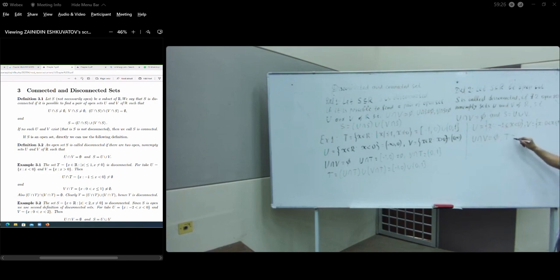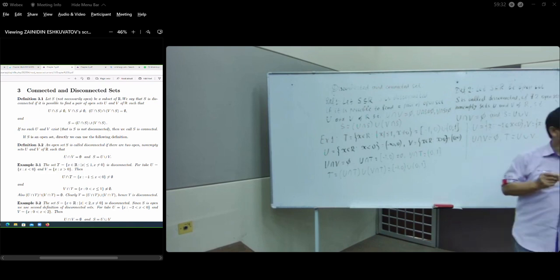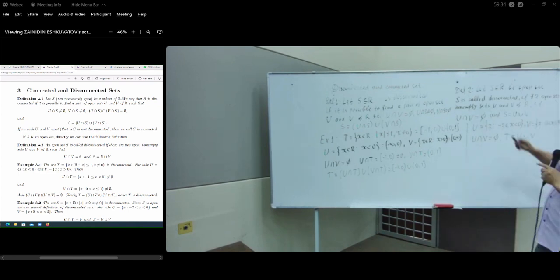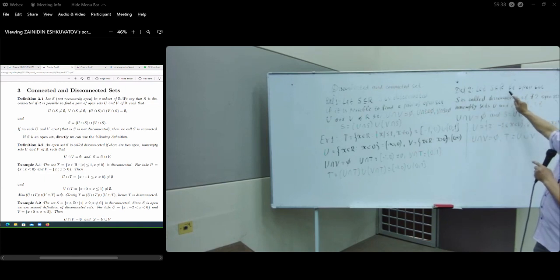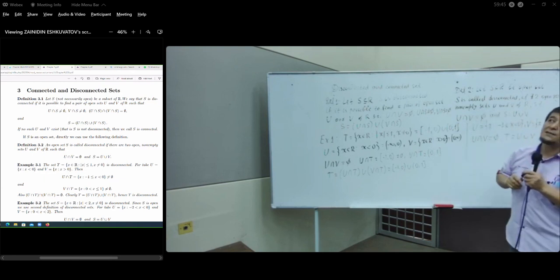Then T is written as U union V. Then it can. But here you see that is called disconnected. Let S be the open sets. S is called disconnected if two open sets, not empty open sets.